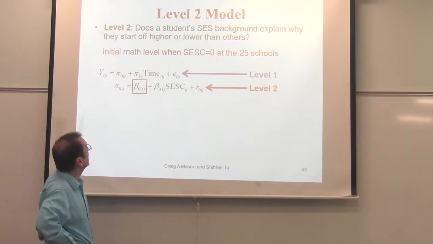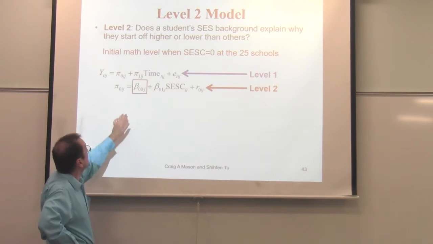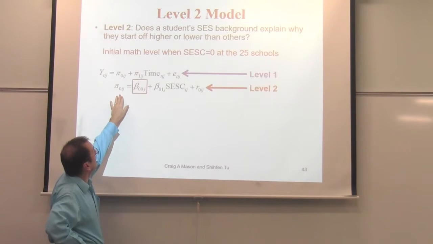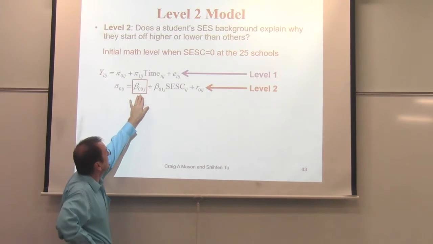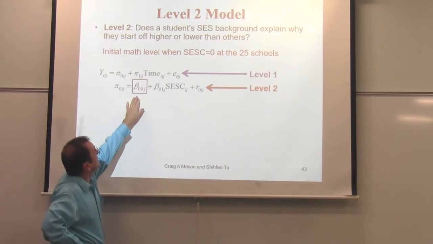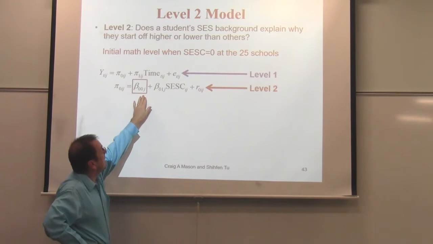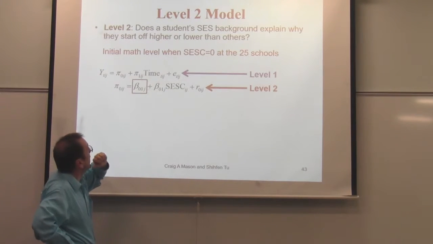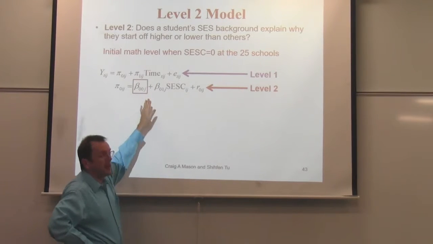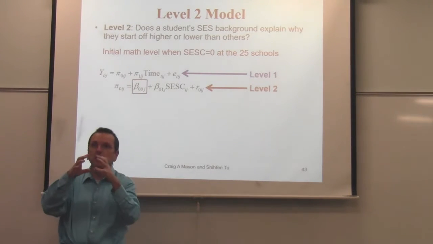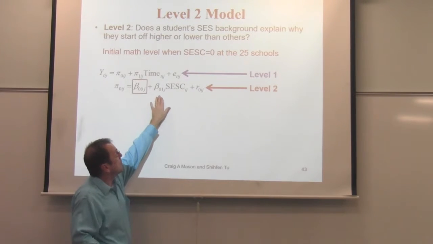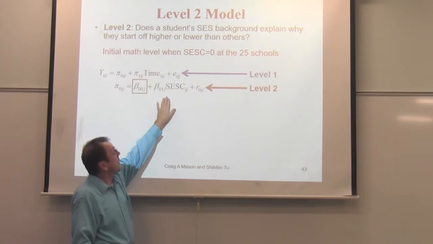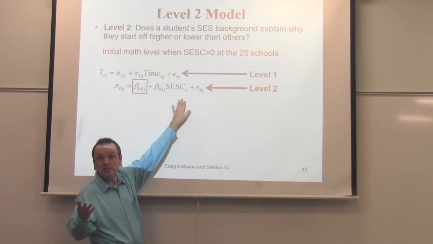So we're predicting every child's... So beta 00j, what's that going to be equal to? Well, it's any intercept. We always know that the intercept is the predicted score, your predicted outcome, when your independent variable is equal to 0.